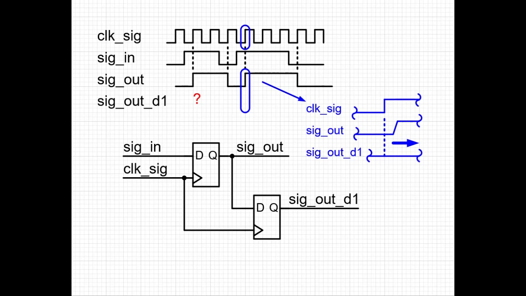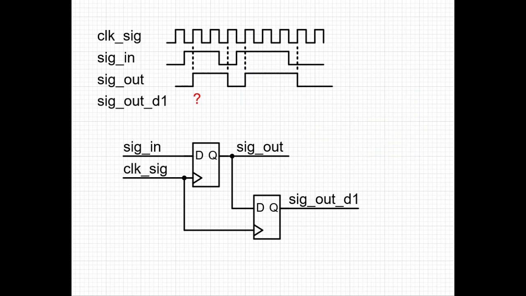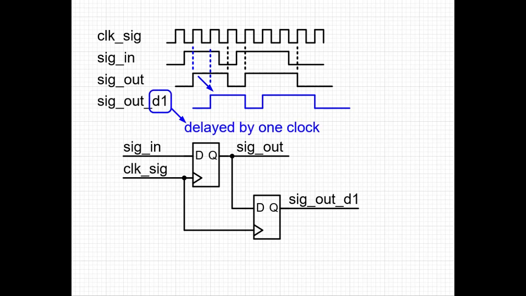The second D-flop will need to wait for the next clock edge to react. So, to answer the original question, sig-out D1 is delayed by one full clock period from sig-out. It's the same, just shifted in time. In fact, I chose the D1 ending to remind us that this signal is sig-out delayed by one clock.